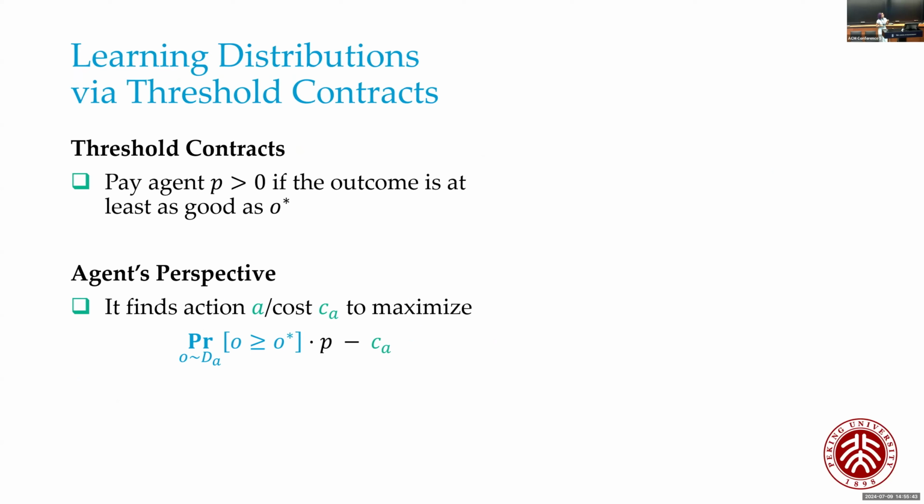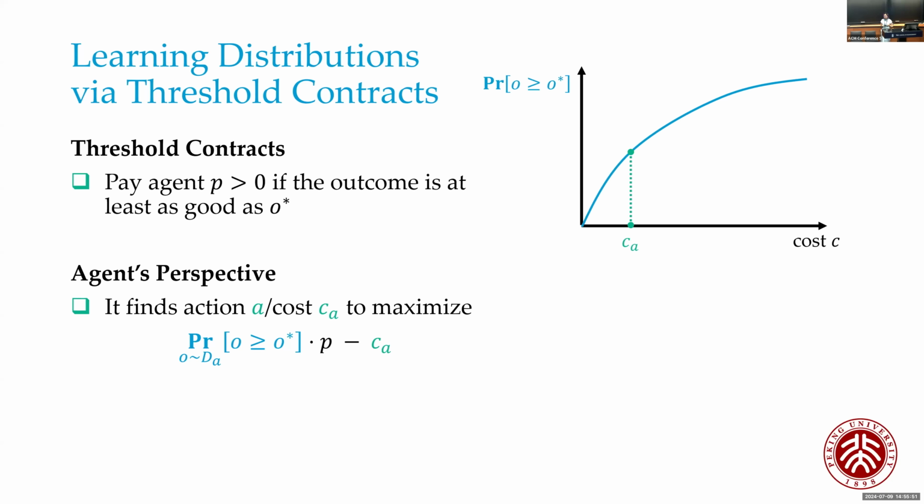So from the agent's perspective, it's trying to maximize the following value. And we let the derivative equal 0, and we can actually find out the cost of the action the agent will choose. At that cost point, the function will have subgradient 1 over p.